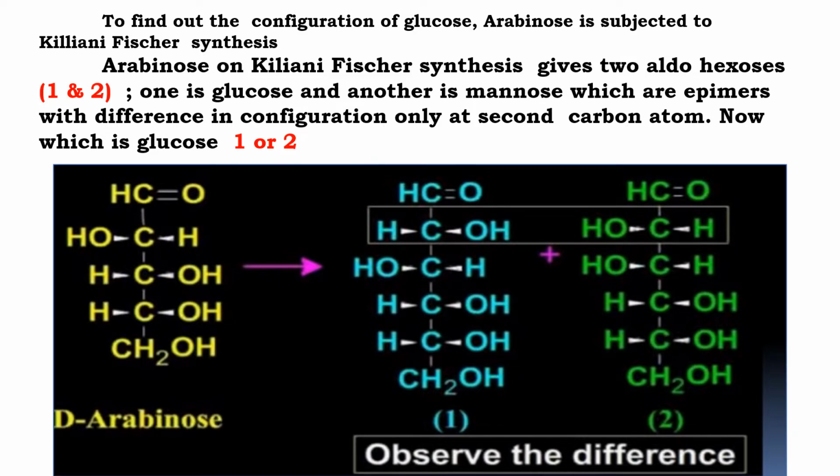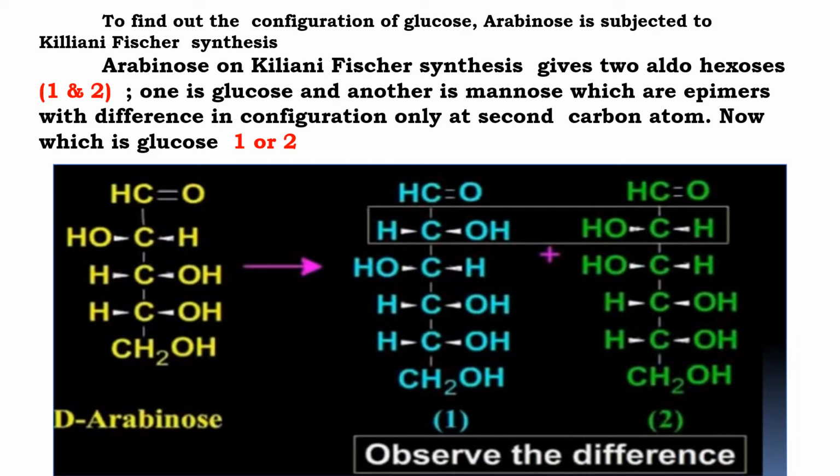That means if I carry out Killiani-Fischer synthesis on arabinose, which is an aldopentose, it forms an aldohexose, that is a monosaccharide containing 6 carbon atoms.